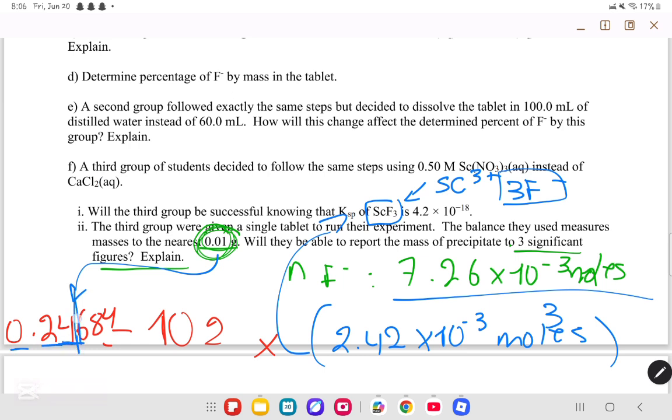So it will stop at this point over here, so it will report only 2 significant figures. So for sure, it's not going to be able to report the 3 significant figures, because to the nearest 0.01 grams, it's going to be 0.24.